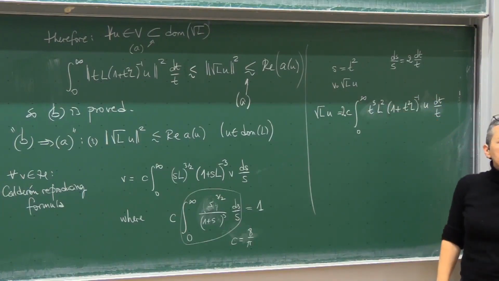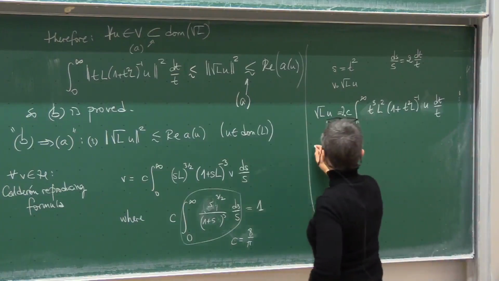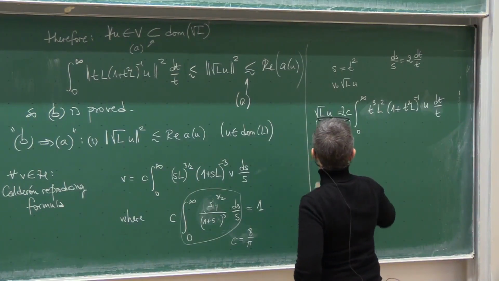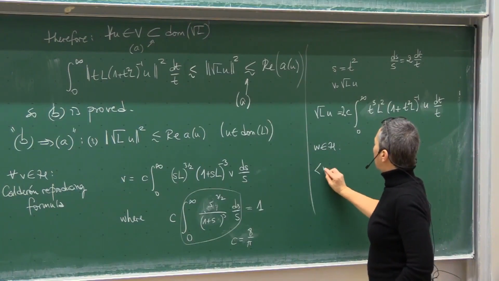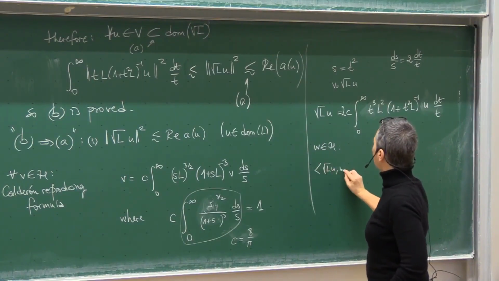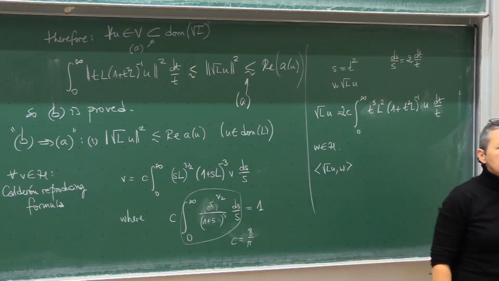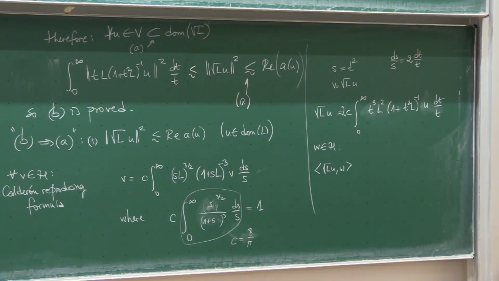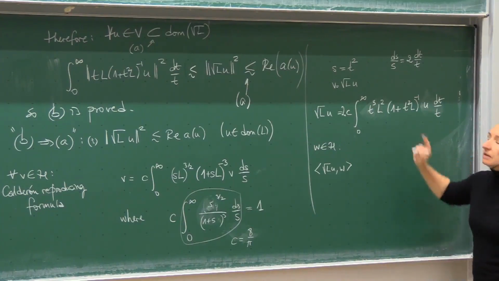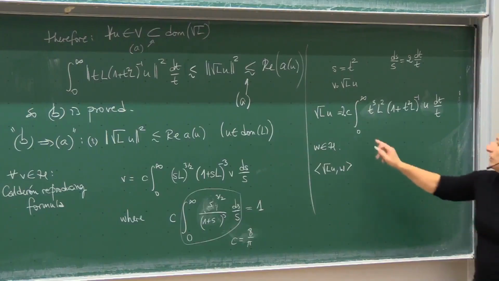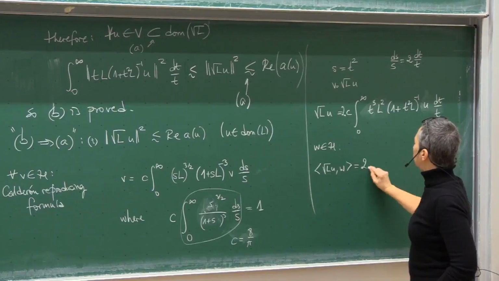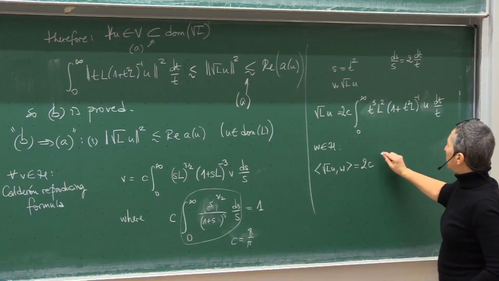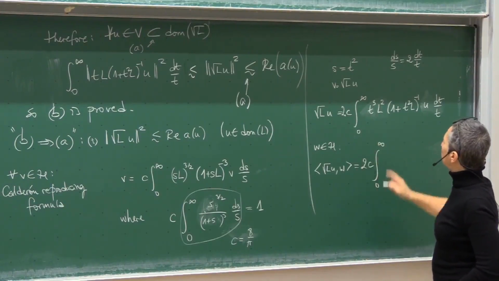So now, if I take w in H and I take the inner product of square root of L u applied to w using this formula, there's always this 2 times c in front. I have the integral from 0 to infinity.